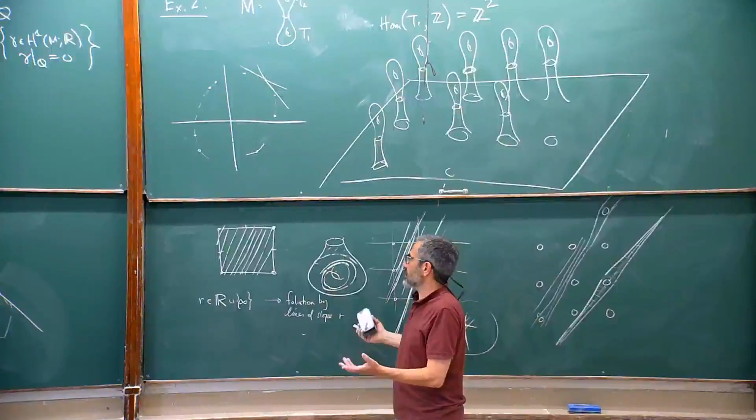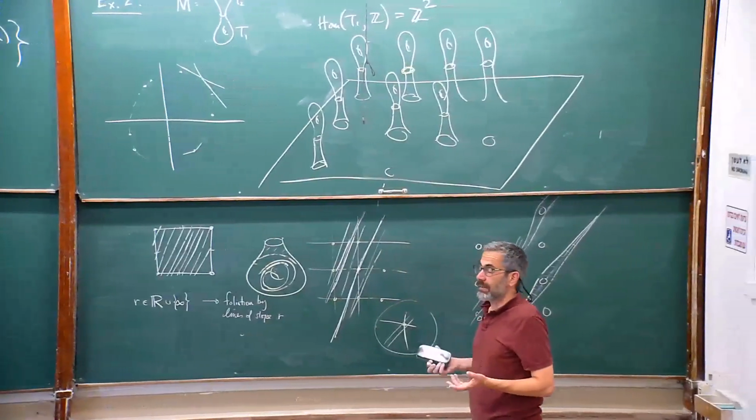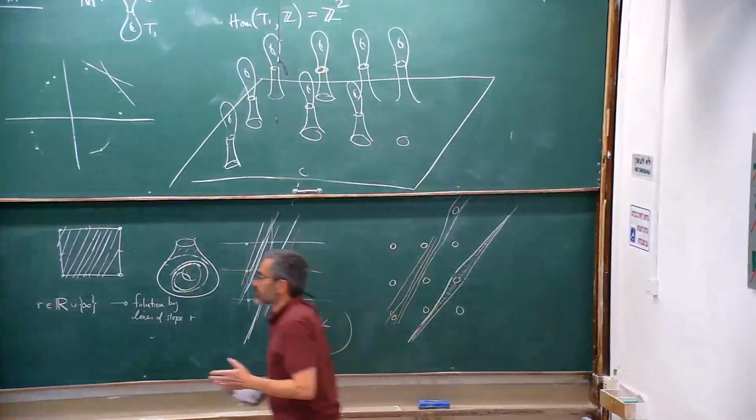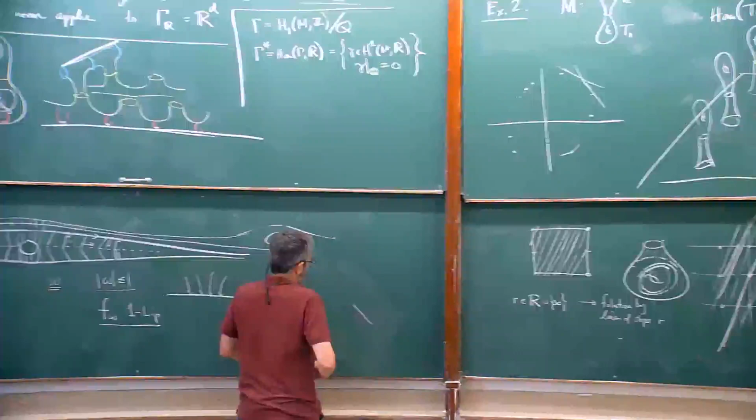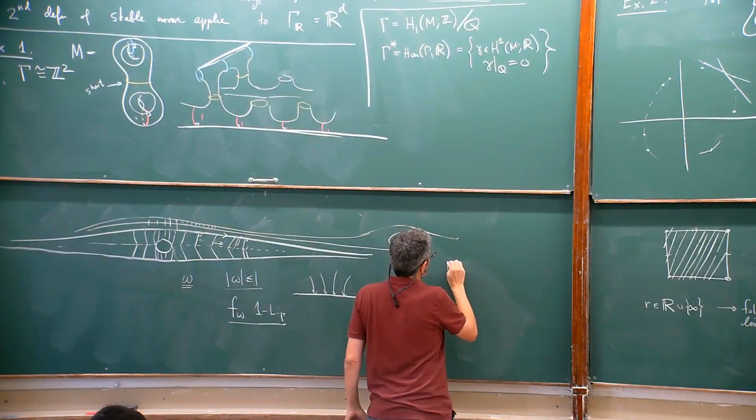In a general surface, you don't have the torus model. And in a general surface, not every lamination works. So there's a theorem of Calderon and Farre.